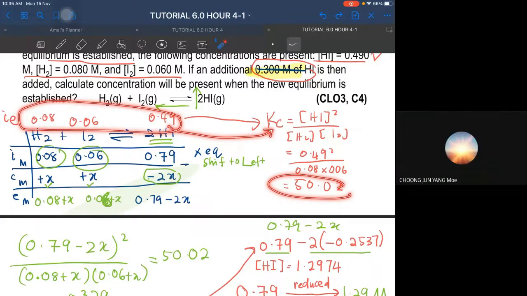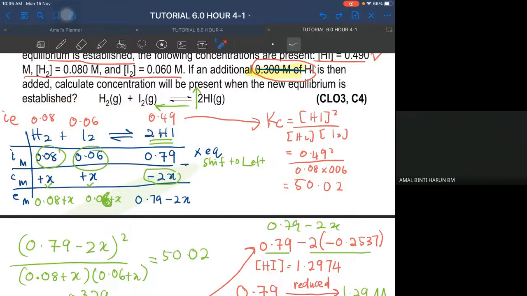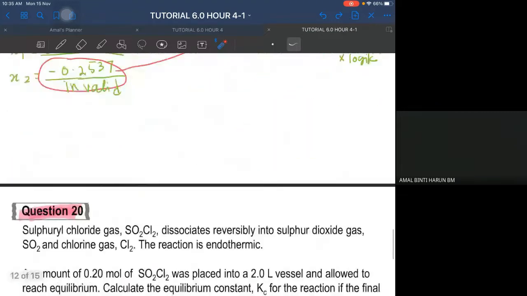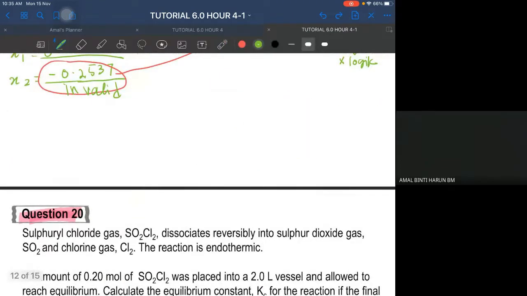Yes. Okay, now you kata you tambah this one, right? Ya. If you add this one and you kata dia adalah reactant, the initial concentration of this HI is 0.79. Agree? Yes. Tapi yang you masukkan sekarang, HI now become H2 and I2, betul?